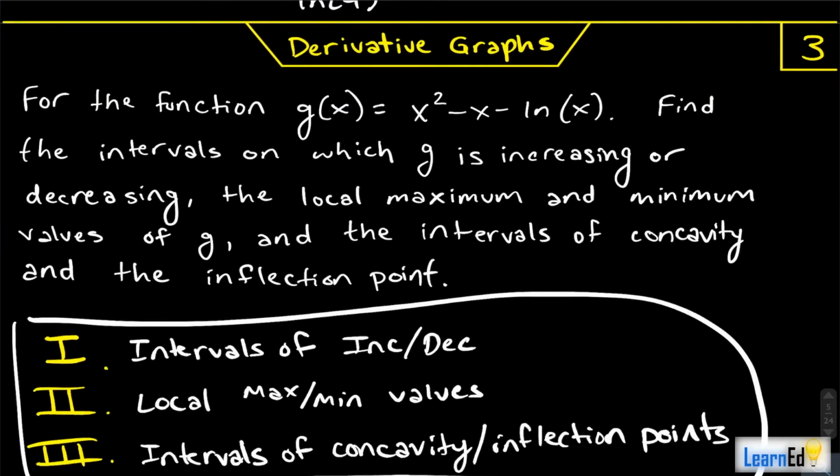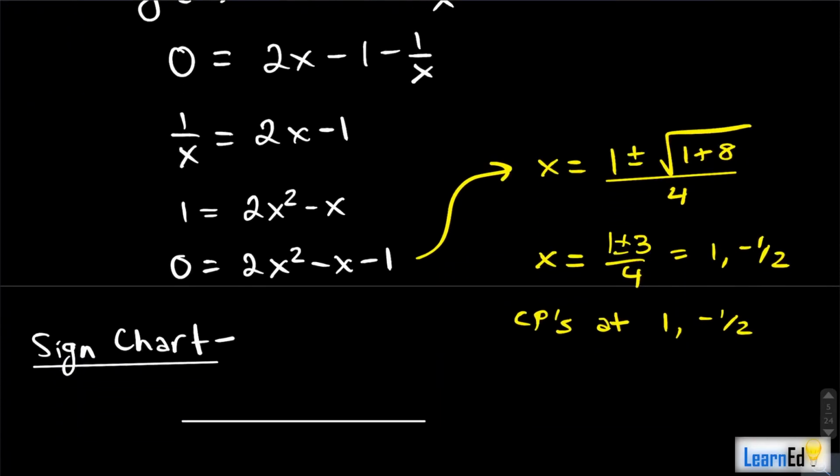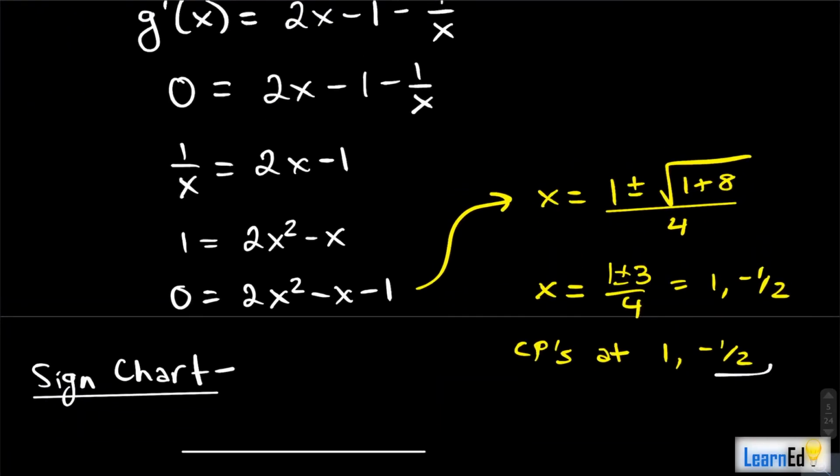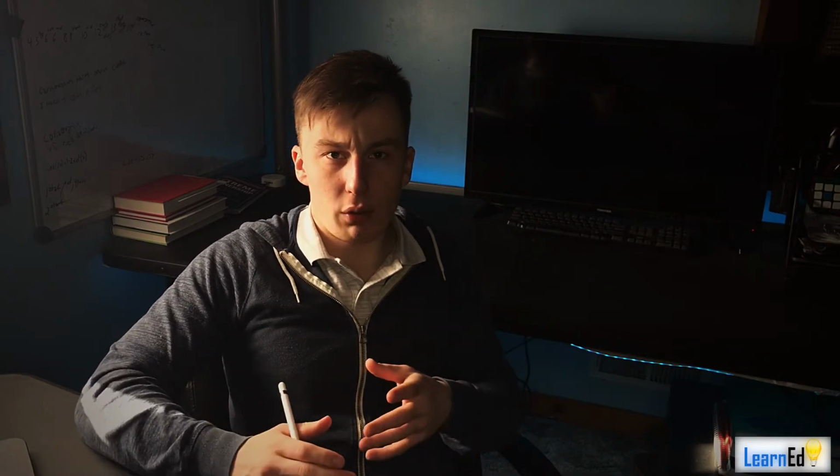I mean, we do have the domain of the function, right? We know that the natural log of x makes it so we can't have any x that is 0 or less. So that actually cancels out one of our critical points. That's something you would see if you tried to use that negative 1/2 critical point.